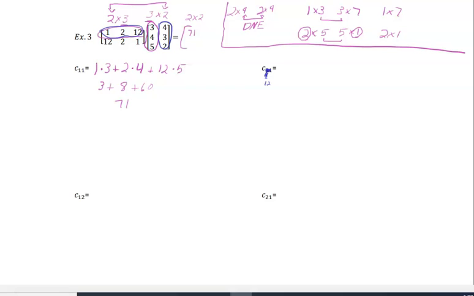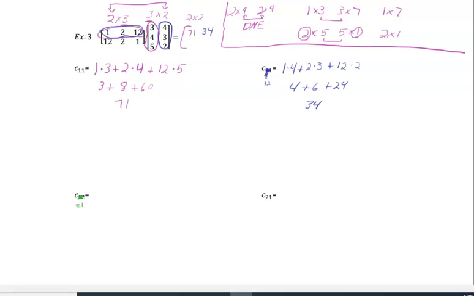So I get 1 times the first element in the second column, plus the second element in the row times the second element in the column, plus the last element in the row times the last element in the column. That's 4 plus 6 plus 24, which is 34.